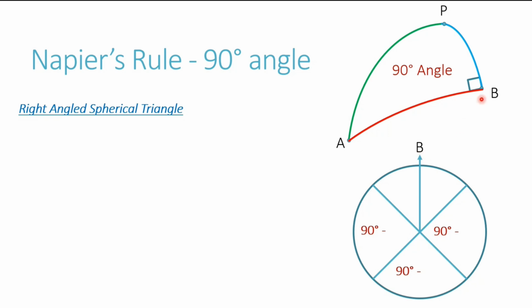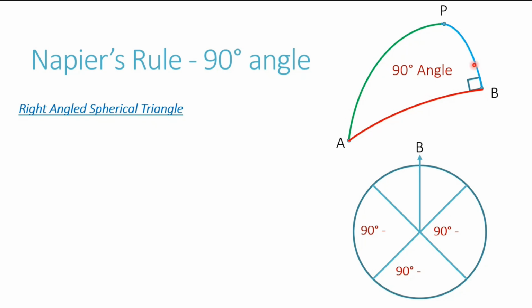After this, from the 90-degree part, in this case angle B, we start to move clockwise in our triangle. So our triangle, the PAB triangle, has total 6 parts. There are 3 sides and 3 angles of this triangle. So from the right angle, which is angle B in this case, we move clockwise in the triangle.